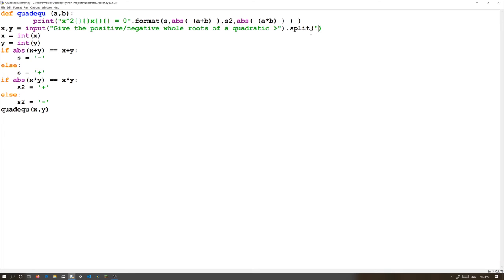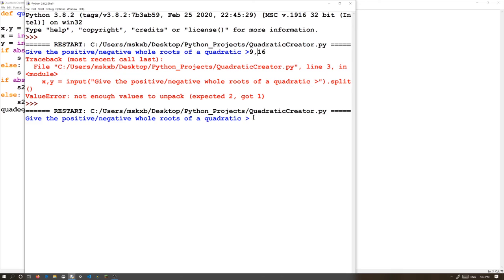I actually just put that, which means you need to use a space. I just wanted to show that that's how the split function normally works. And so it makes x squared minus 25x plus 144 is 0. And so the answers to that are 9 and 16.